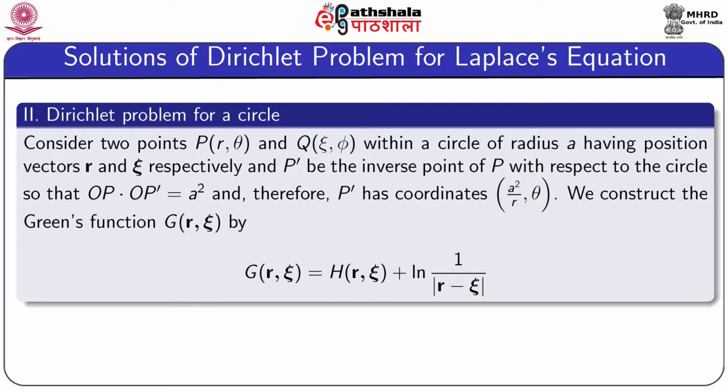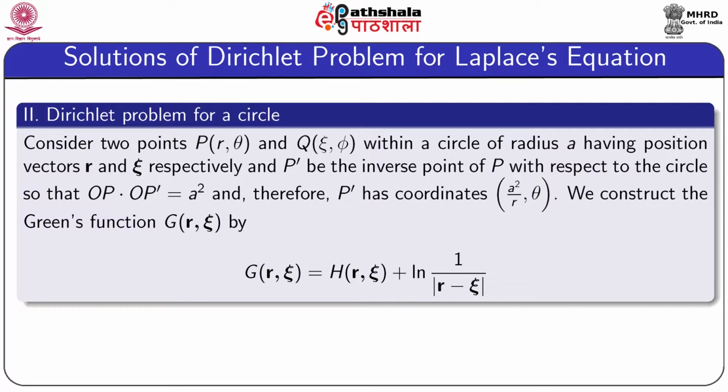And now we choose a point P dash such that it is inverse point of the point P with respect to the circle such that OP into OP dash equals to a square. So, this is definition of inverse point of a point with respect to a circle. Therefore, from this definition we can find the polar coordinates of P dash as a square by r, theta.